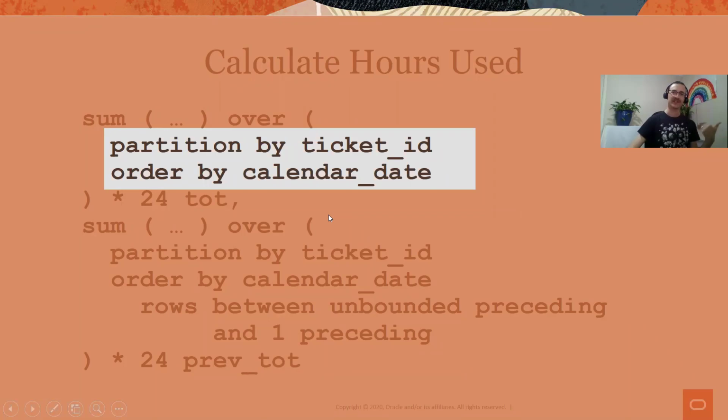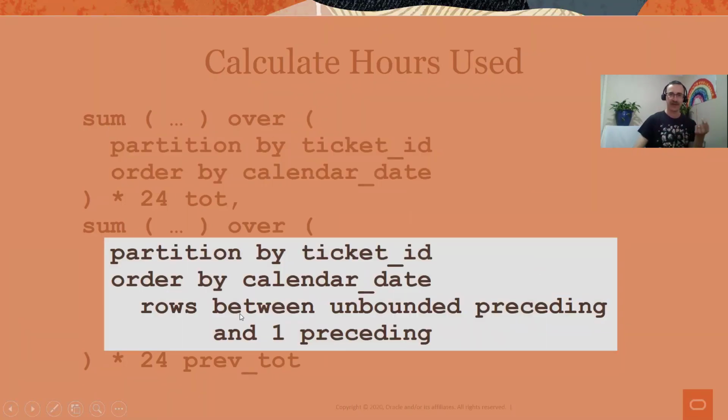What we want to do is sum up the working hours for all the rows up to, but just before, the current one. So we do that with hours end day, order by, rows between unbounded preceding and one preceding: everything up to, but not including, the current row. That gives us the working hours used at the end of yesterday.